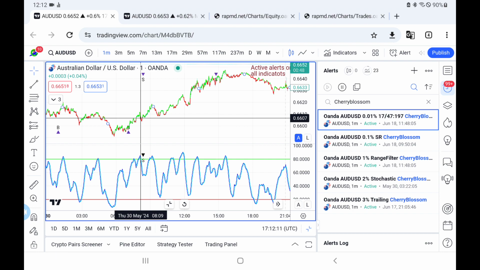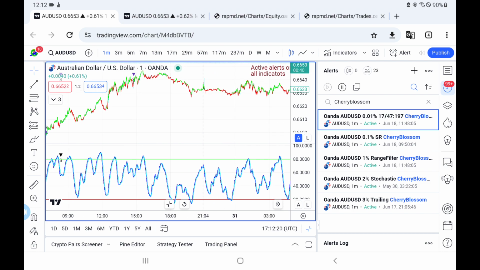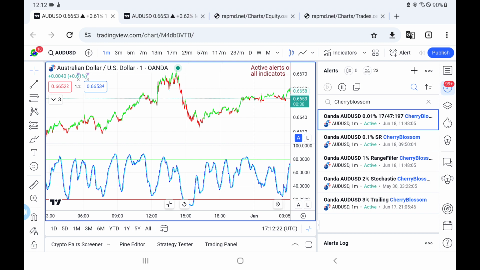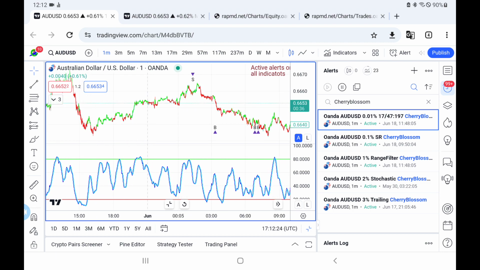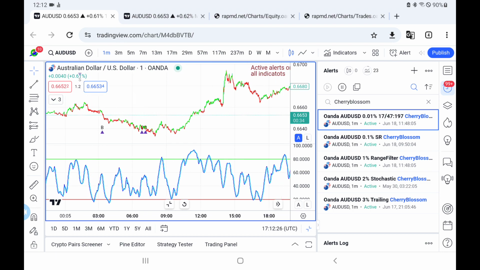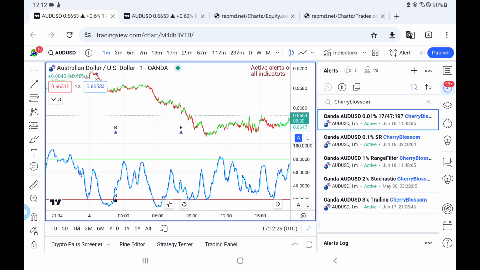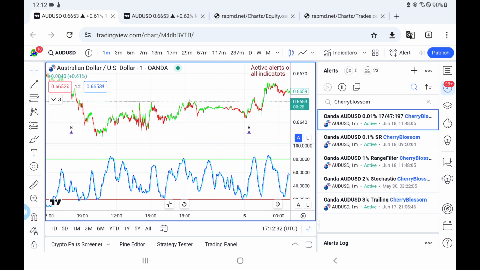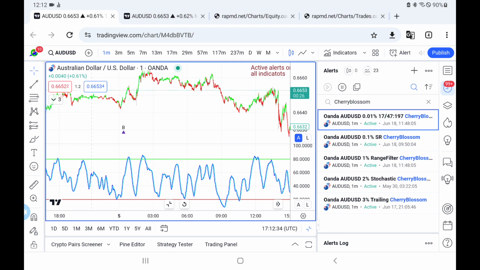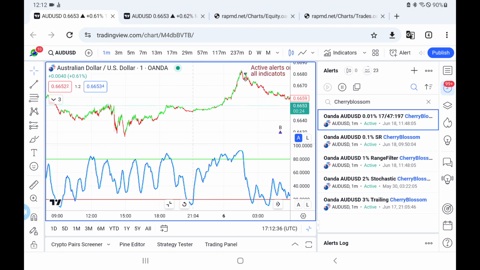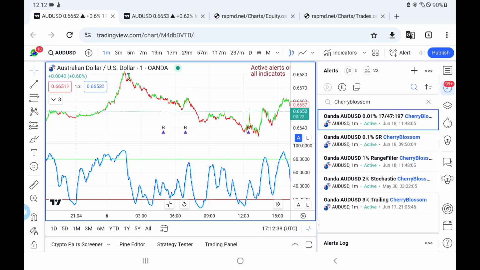So this is about the 6610 range. Let's see how long this gets held. May 24th. We can see the market climbing. We can see the market is still drastically above the entry point.